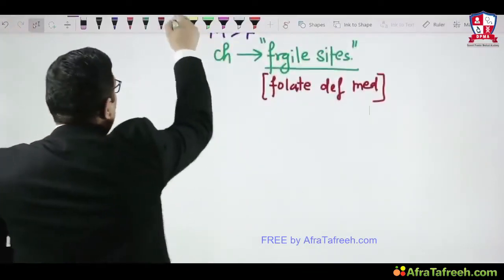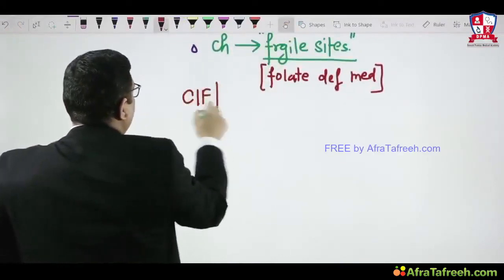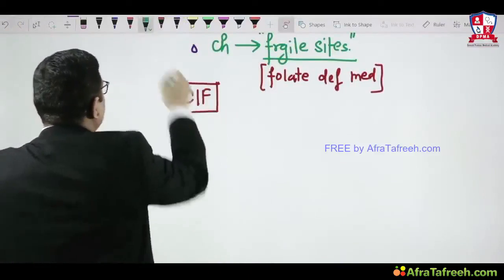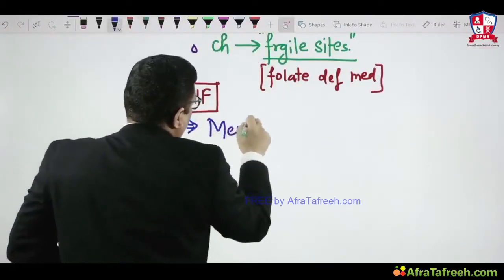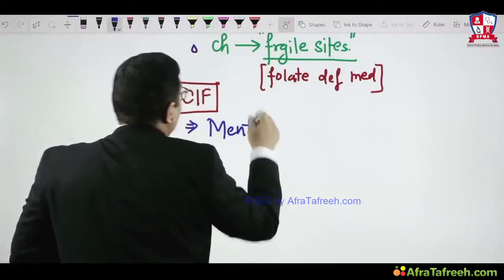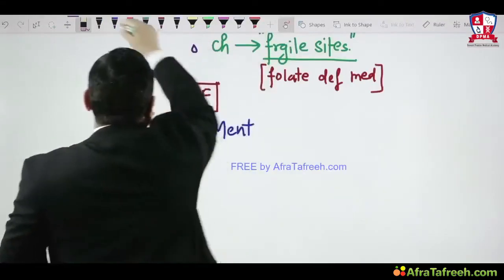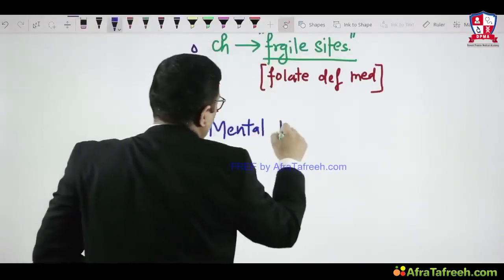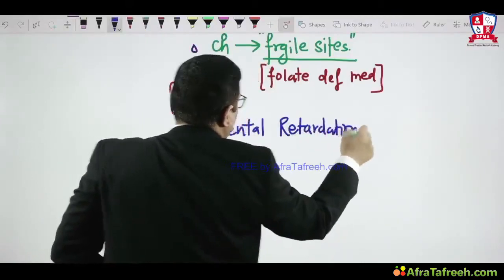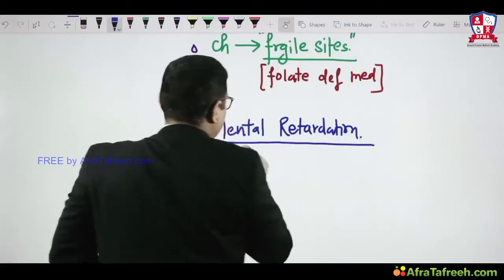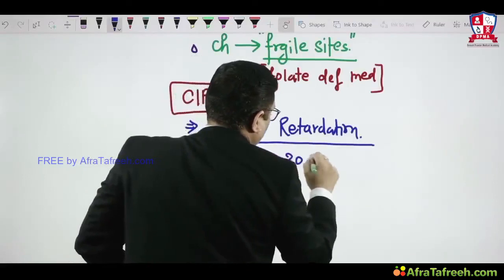What clinical features will you observe in this patient? Number one, they will have mental retardation. Remember, this is one of the common causes of mental retardation. And in these patients, IQ will range from 20 to 60.